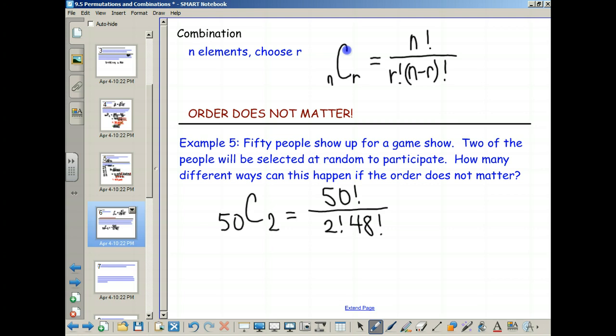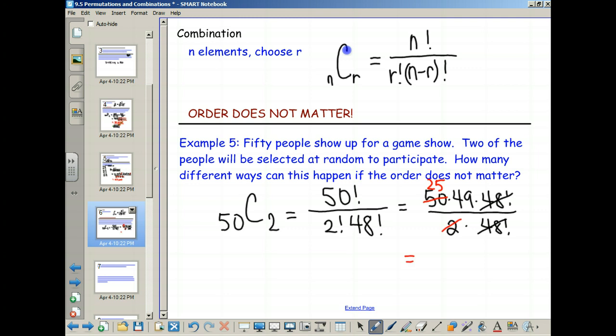50. The process is the same. I have 50 times 49 times 48 factorial, and the 48 factorial on the bottom cancels with those. However, I still have this 2 factorial on the bottom, which is a 2 in the denominator, or 2 times 1 if you really want to write it that way. And it will reduce with something in the numerator. 50, as Audrey said, will turn into a 25.